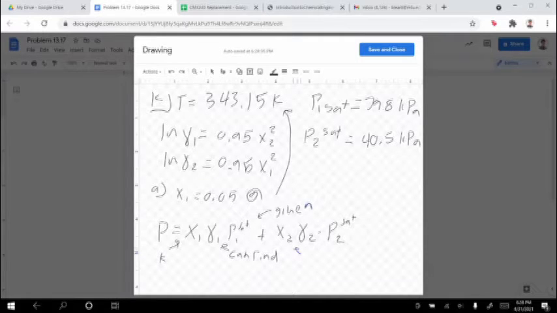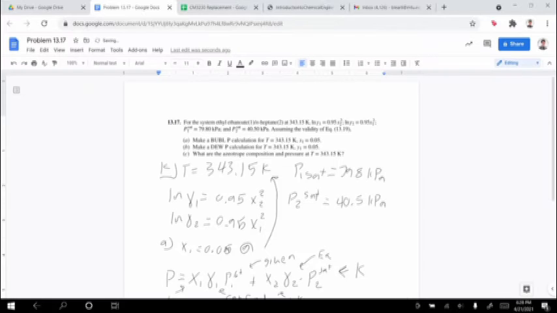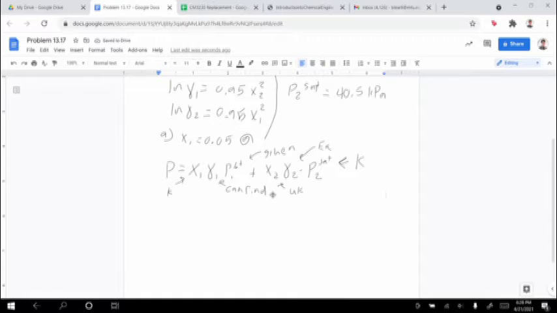We don't know x2 yet. We have an equation for the activity coefficient for 2, and then this is a known. So this is what we have.